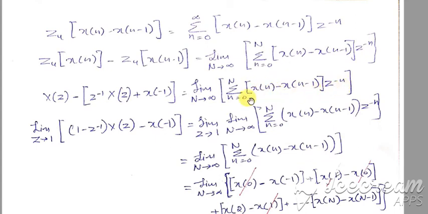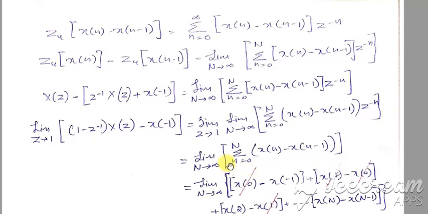Now taking limit z tends to 1 on both sides, if we take X(z) common here, it becomes (1 minus z inverse) X(z) minus x[minus 1], limit z tends to 1, limit n tends to infinity, and this.